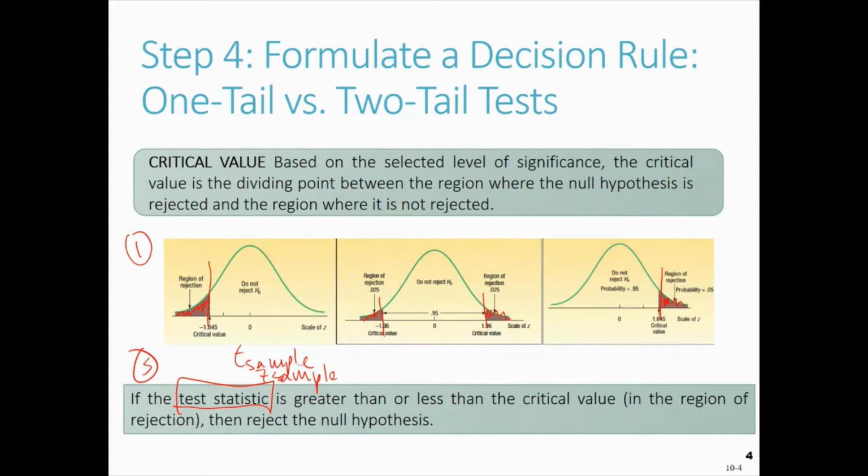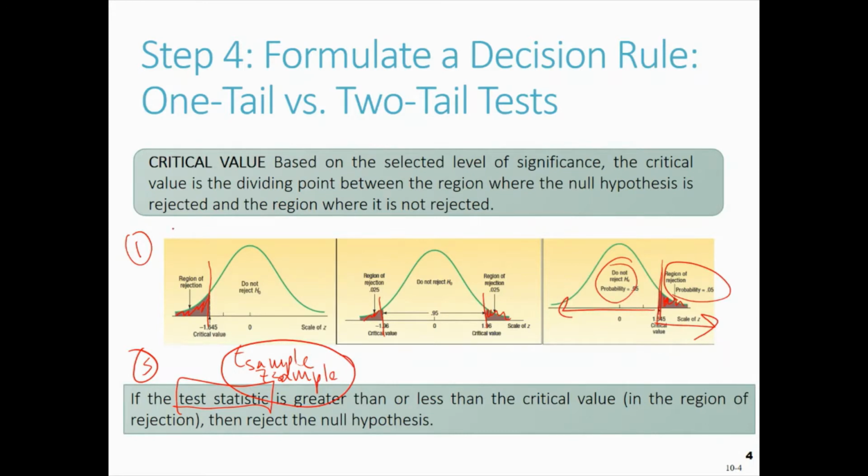Once you calculate your t or your z sample, if you are getting a t or a z that is bigger than your critical value, then you reject the H0. Or if you're in an area in which you are lower than your critical value, then you do not reject your H0.